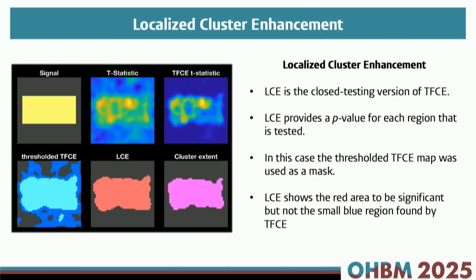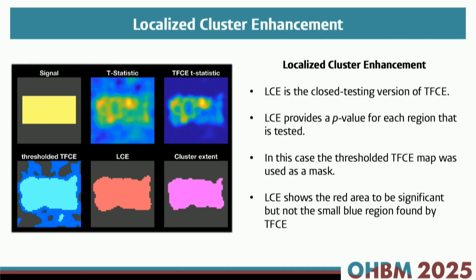So the LCE outcome, based on the localized cluster enhancement procedure, shows us that this is the actual cluster that we find, but not this cluster, right? This is the same shape as the thresholded TFCE image, but for these two clusters that we find, only LCE says this one is significant and not this one. So it's an add-on to threshold free cluster enhancement.